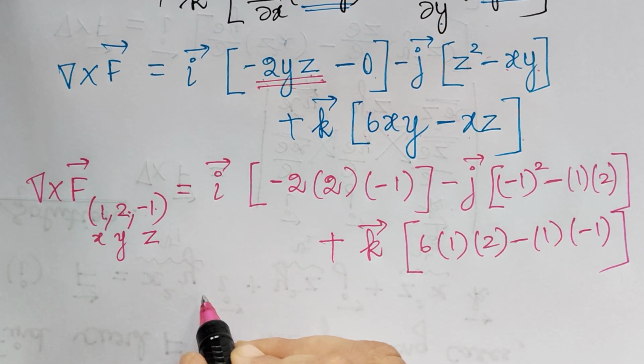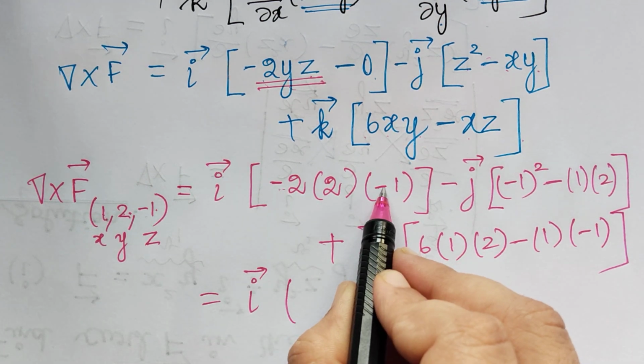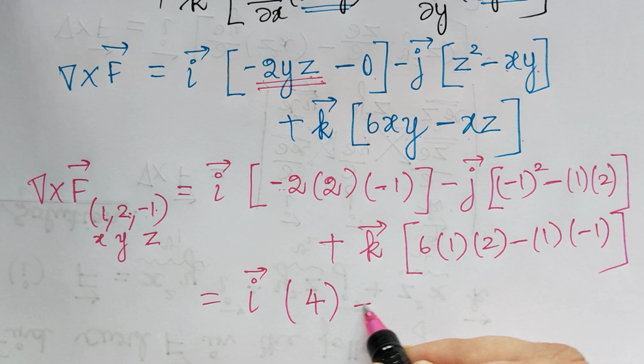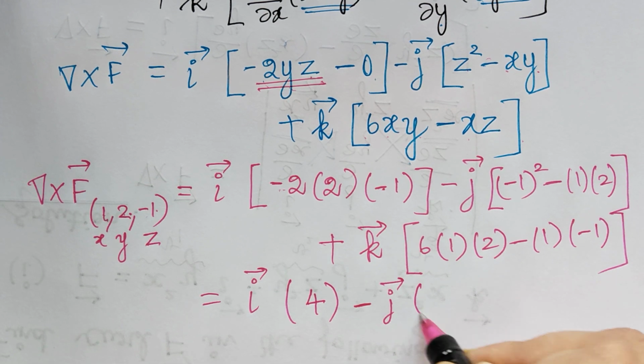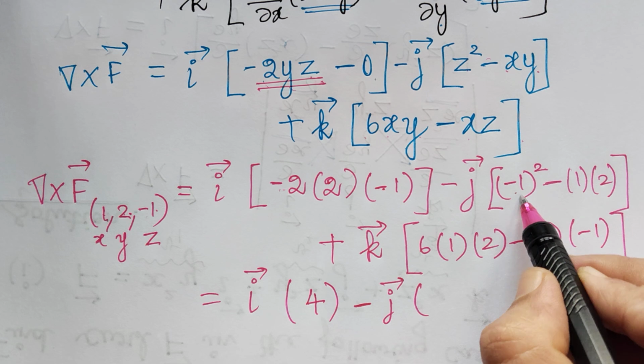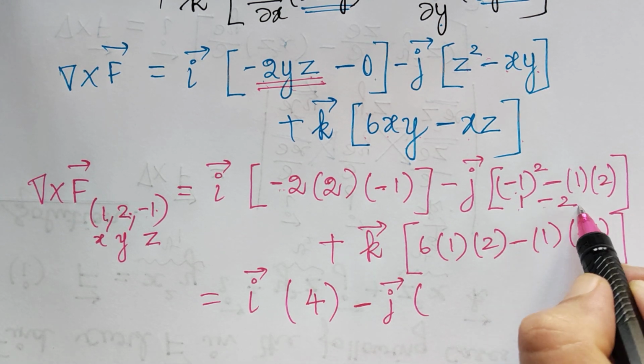And on simplification we get i vector multiplied with minus into minus becomes plus, and 2 times 2 is 4. And here we have minus j multiplied with, so minus 1 square will be 1, and minus 2 ones are 2, so it will be minus 1.